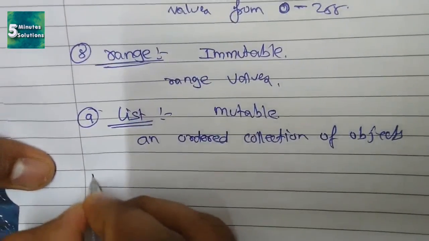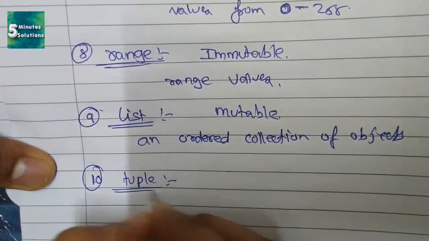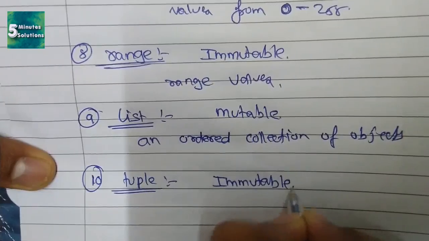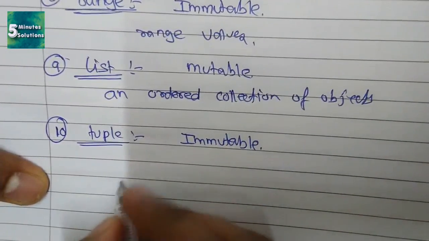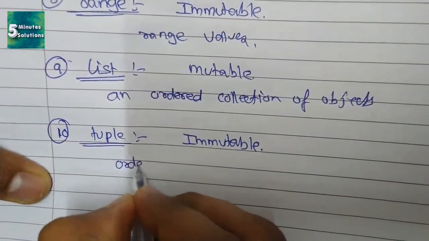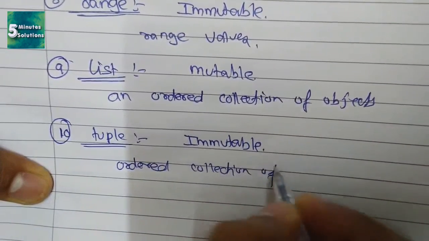Tenth one is tuple. It is also one of the most important ones. Tuple is immutable. That means it cannot be modified. Tuple is used to represent an ordered collection of objects.